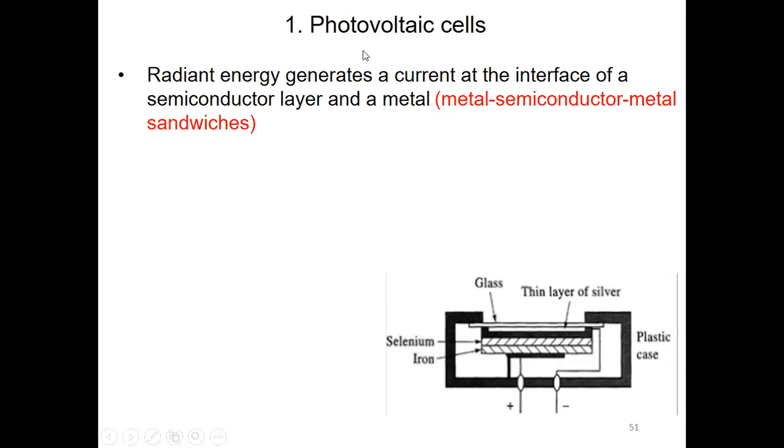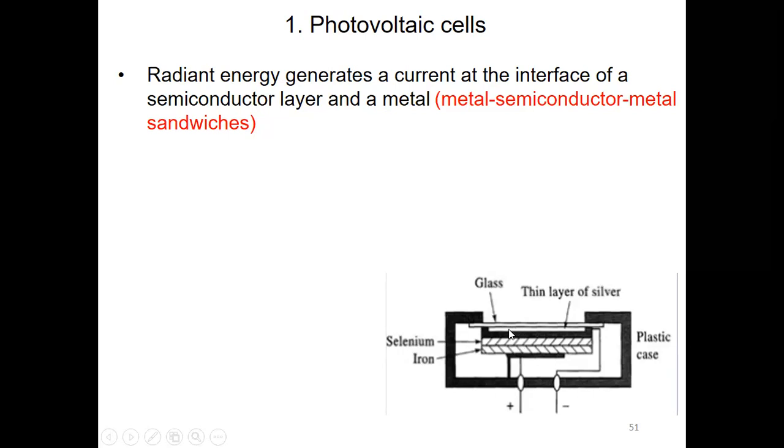What is happening in the photovoltaic cell? So this diagram shows the schematic representation of this photovoltaic cell. So in the photovoltaic cell, what is happening? Radiant energy generates a current at the interface of a semiconductor layer and a metal. You see, this photovoltaic cell is made like a metal semiconductor metal sandwich.